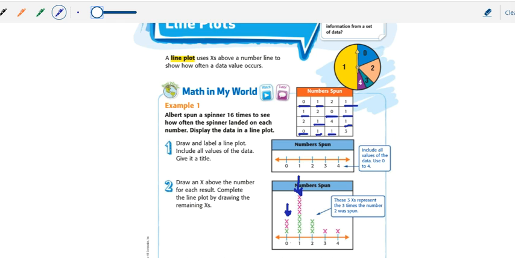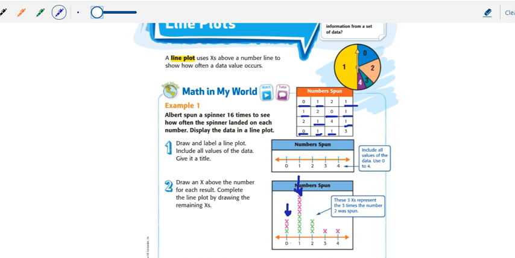So you need to draw 4 x's to complete the x's above the number 1. Why 8? Because the number 1 was 8 times every time Albert spun a spinner. Okay, remember that spun a spinner is que cuántas veces giró esta ruleta y cuántas veces cayó la flechita en estos números.